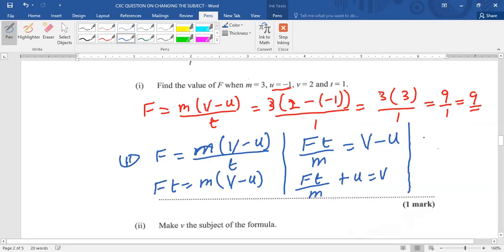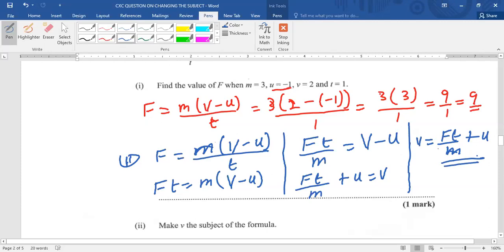So you just write back that V is equal to FT over M plus U. And this is my final answer.